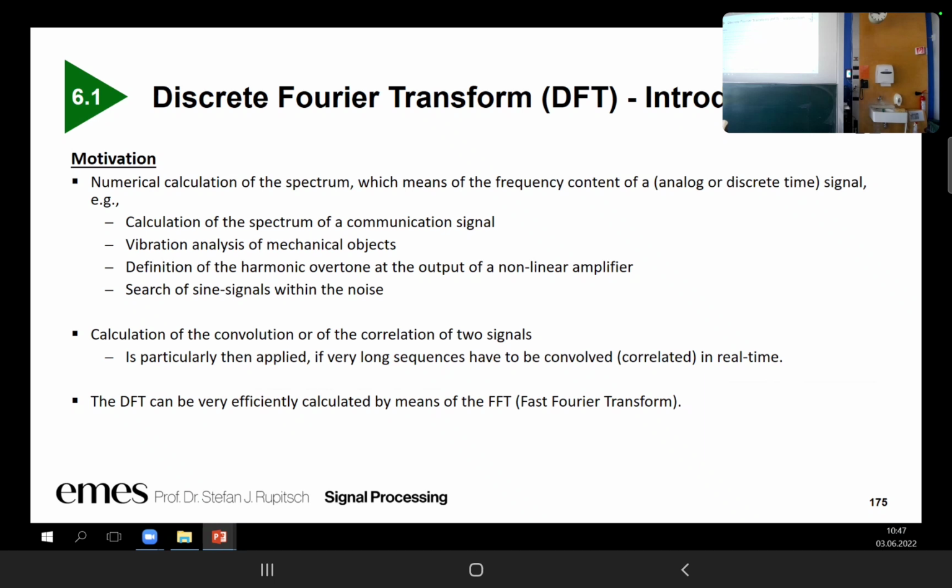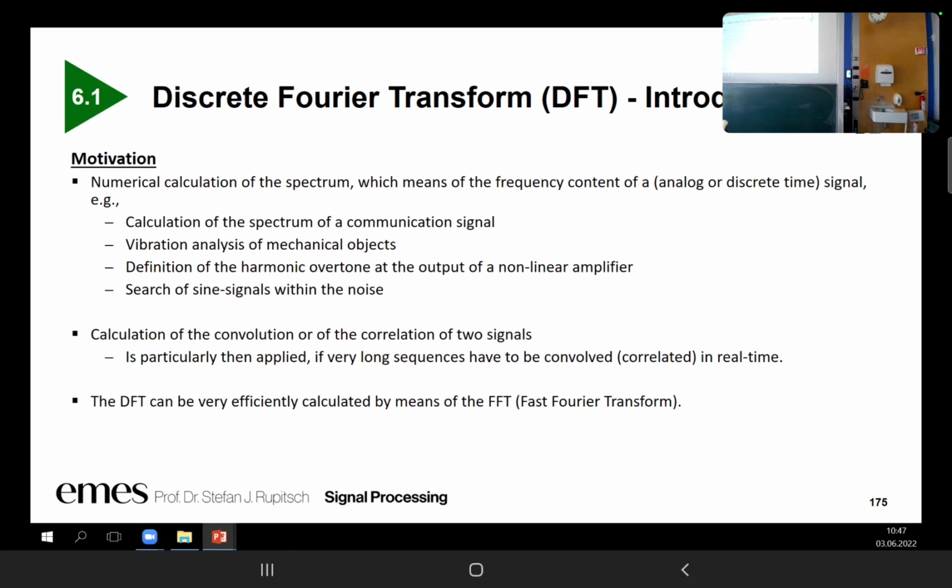Do you remember some reasons? Where is it good to perform the Fourier transform? Exactly, that's an application.